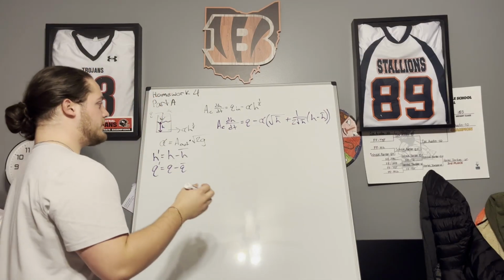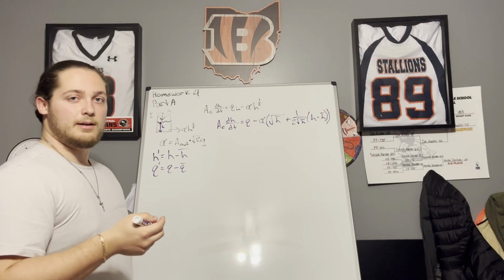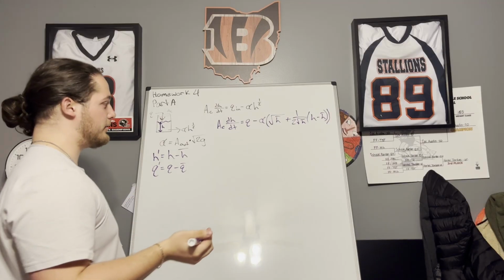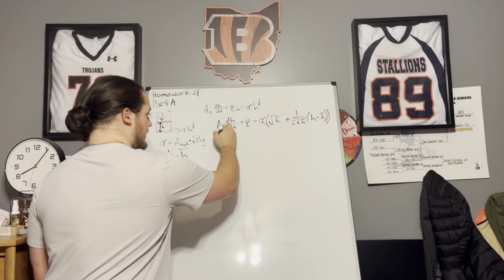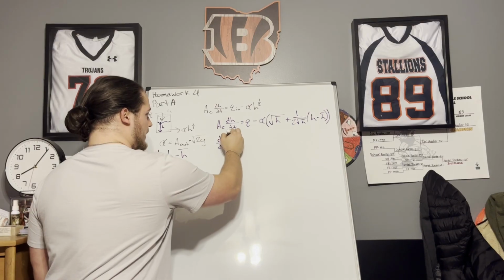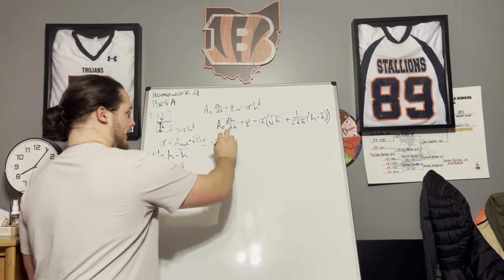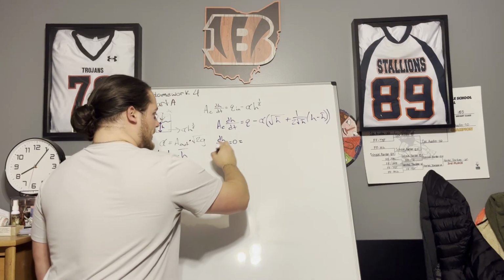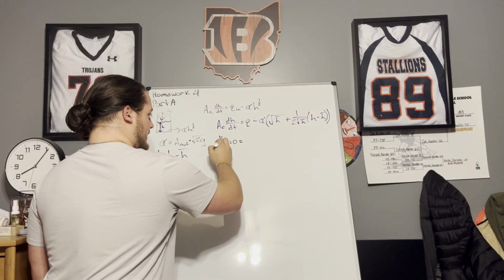So for our next equation, we're going to want to evaluate our differential while the differential of height with respect to time is equal to 0. So dh dt is going to be equal to 0. So that means our left-hand side is going to be equal to 0. And then this is evaluated at steady state.